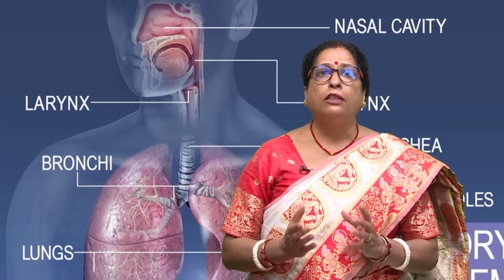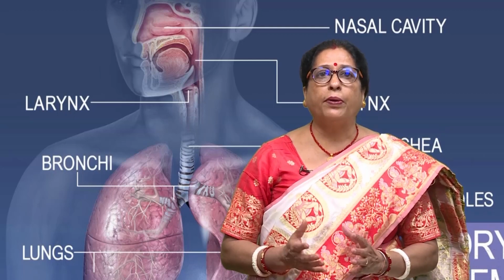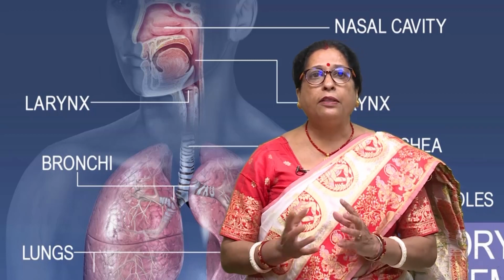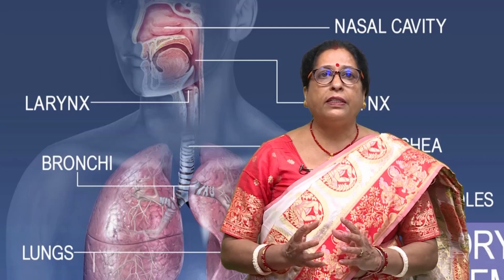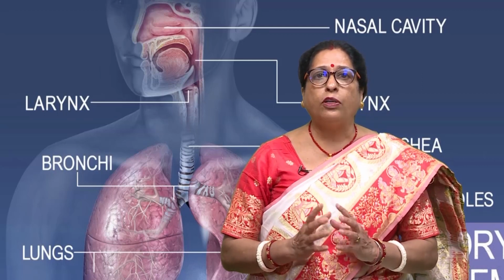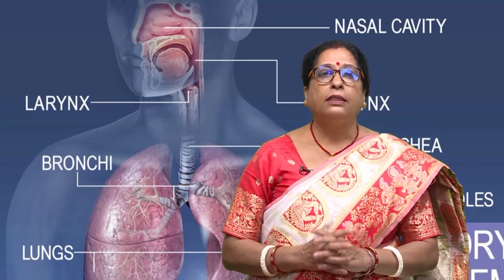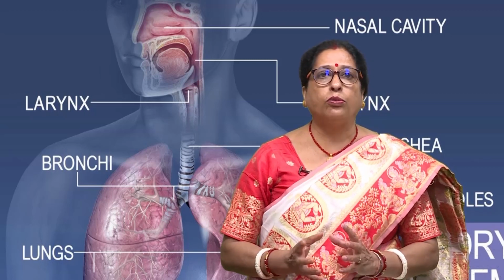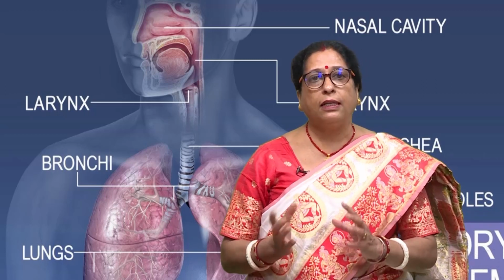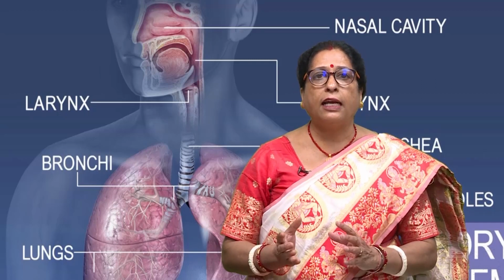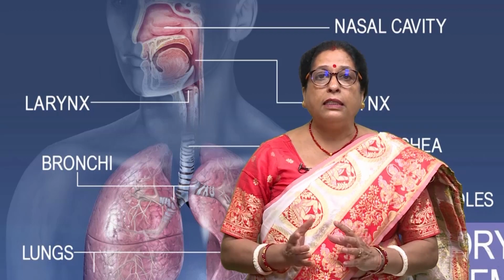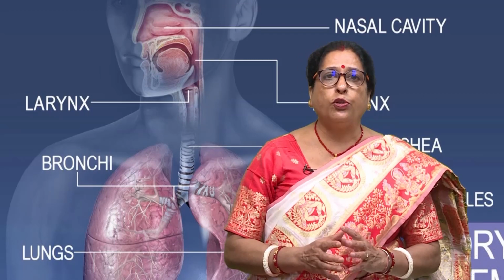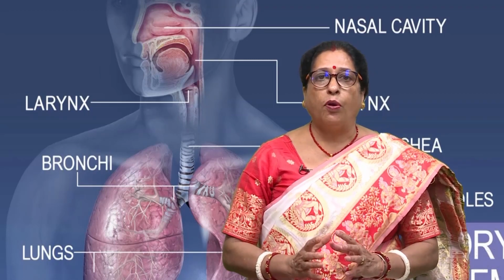Air travelling through the respiratory system comprises different steps. In the first step, we take air in through our nose and mouth. This air goes down the trachea, also known as the windpipe, towards the lungs. Once the air reaches the lungs, it moves into two smaller tubes called bronchi.